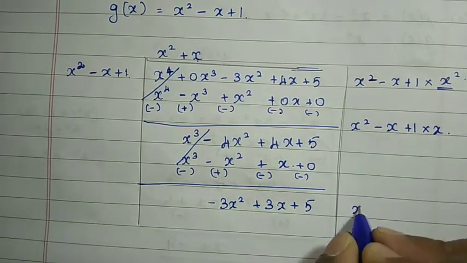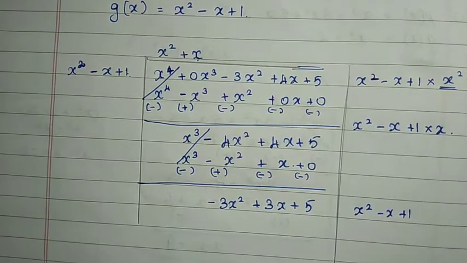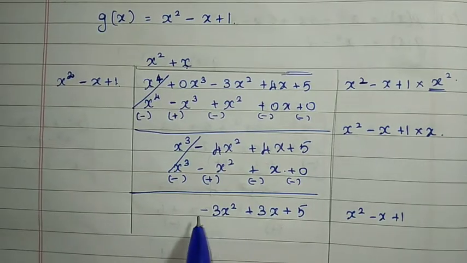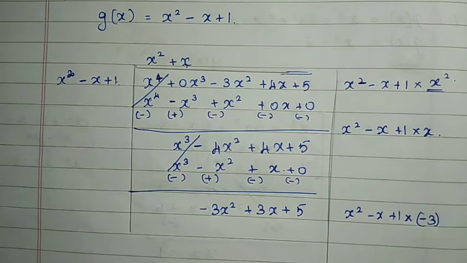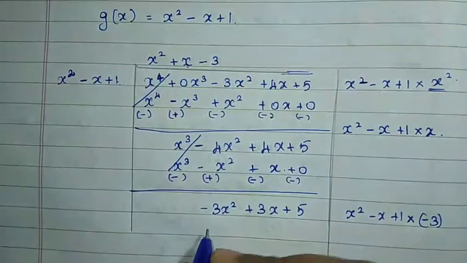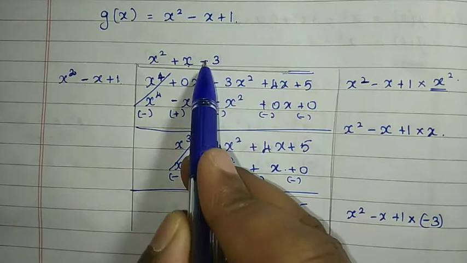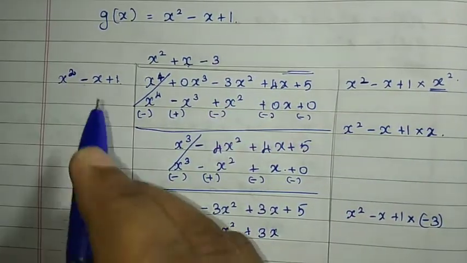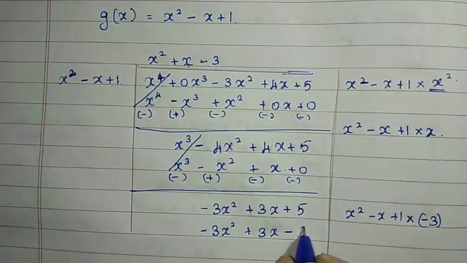So I have x square minus x plus 1 in the g of x. Now I have to multiply with something in order to get my answer as minus 3x square. So I will be multiplying with minus 3. So minus 3 gives me minus 3x square. Minus into minus is plus, so 3 into x is 3x. Plus into minus is minus, 1 into 3 is 3.